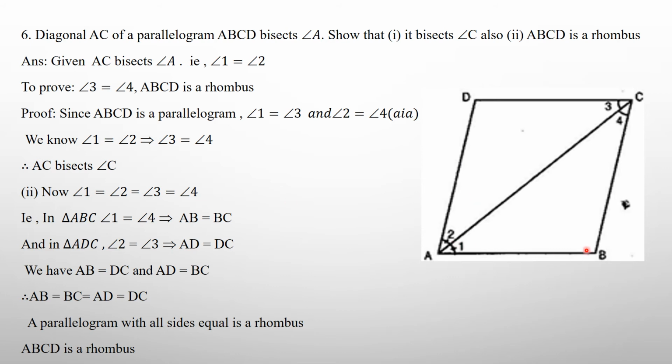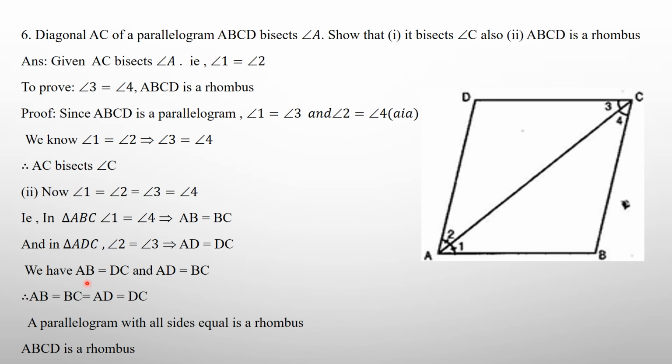Let us take the triangle ABC. We are given angle 1 and angle 4 are equal. If two angles are equal, its opposite sides are also equal. From this we can say AB will be equal to BC. Similarly, in the next triangle ADC, we have angle 2 is equal to angle 3, which shows that AD will be equal to DC.